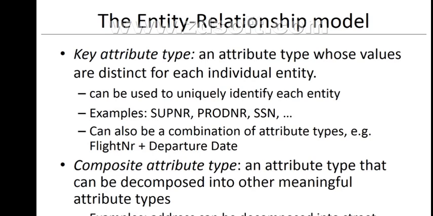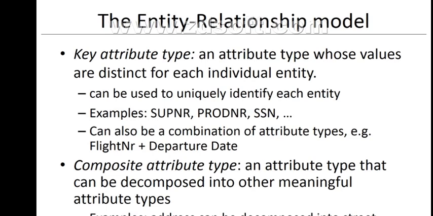Examples are supplier number, which is unique for each supplier, product number, which is unique for each product, and social security number, which is unique for each employee. A key attribute type can also be a combination of attribute types. As an example, suppose a flight is identified by a flight number.